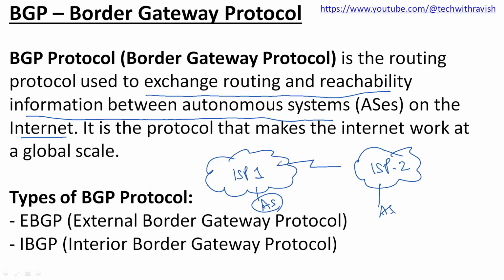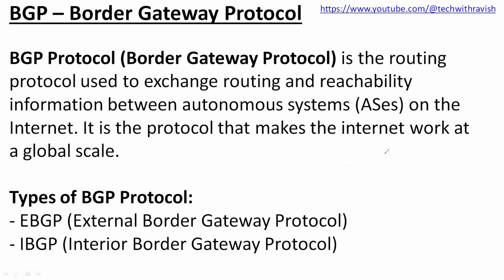So BGP is basically used to share routing and reachability information between different autonomous system numbers, because every ISP has its specific autonomous system number. And because of the BGP protocol, the internet is working. The global routing table can be handled by the BGP protocol only.